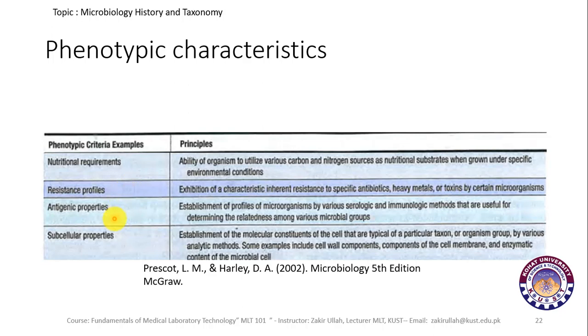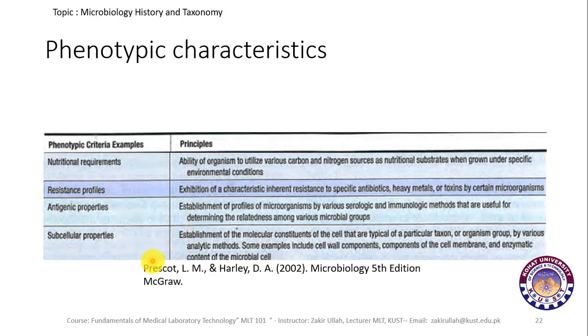And the antigenic properties established by different microbes: various serologic and immunologic methods are developed to find out these antigenic properties, and these are helpful to find out the relatedness among various microbial groups.